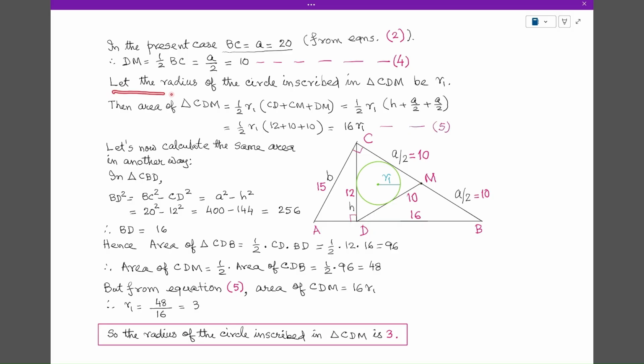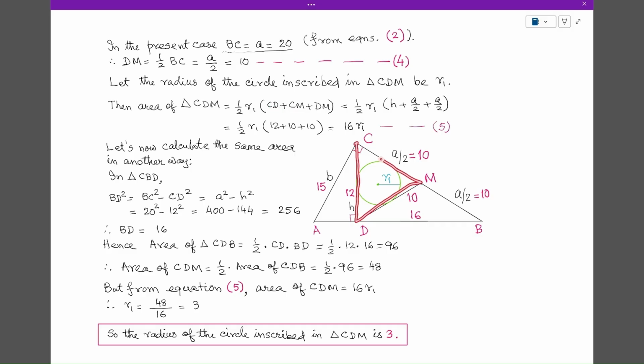Let the radius of the circle inscribed in triangle CDM be r1. This is the circle inscribed in the triangle CDM. Then area of CDM is equal to half r1 multiplied by the sum of CD plus CM plus DM, which are the sides of this triangle.